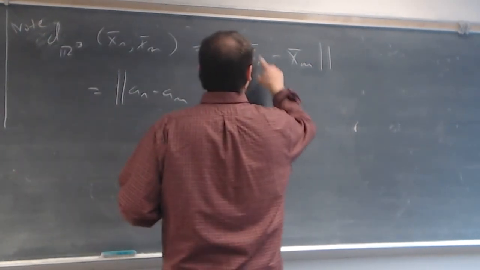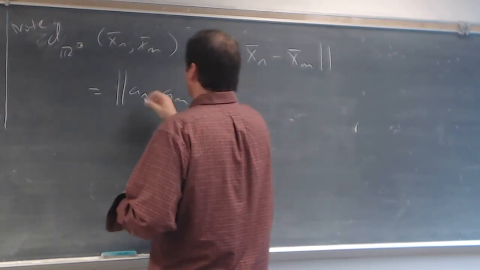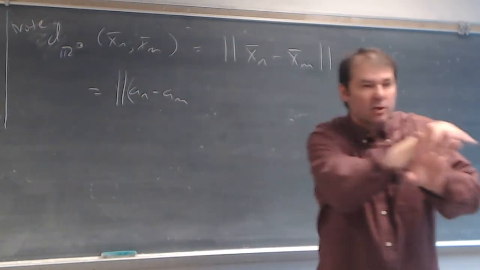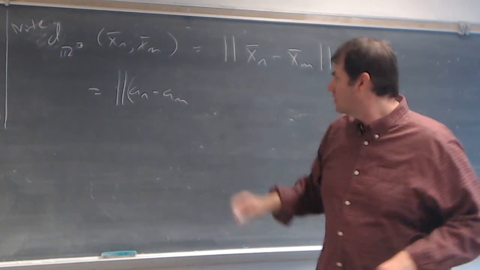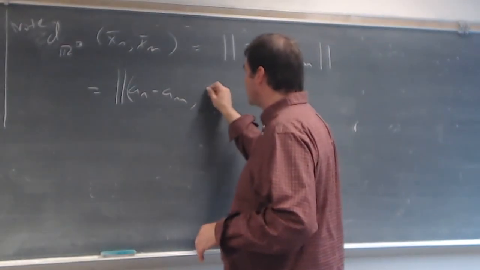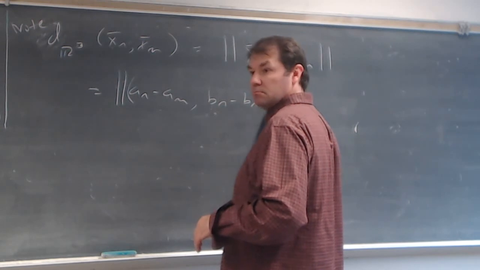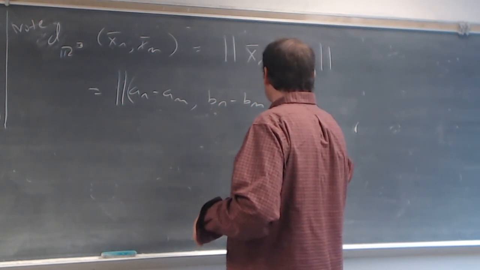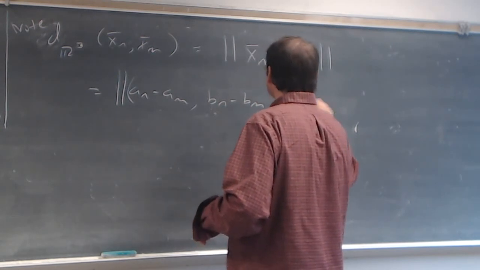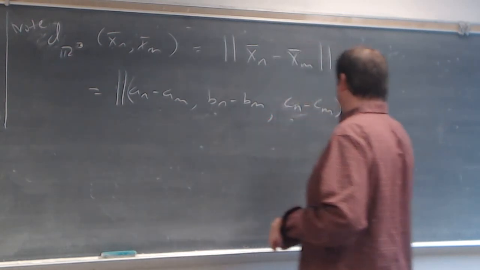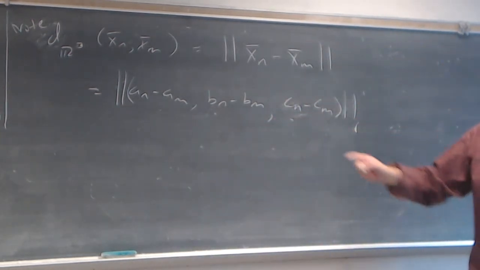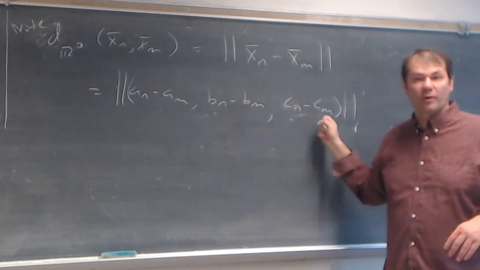What is x of n bar minus x of m bar? It's a 3-tuple. It's got 3 coordinates, if you want to think of it that way. So it's this guy, comma, what's next? That's right. Okay, I was going a little too fast then. I was trying to jump to something. So this is nothing more than a point in R3. Is that okay?